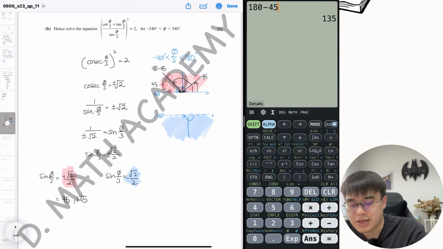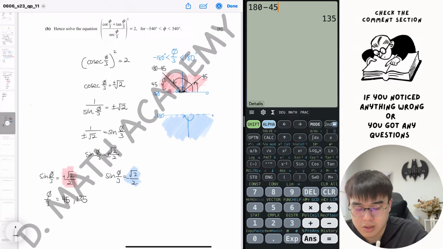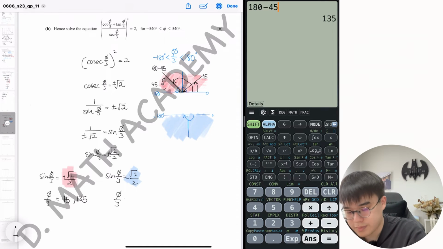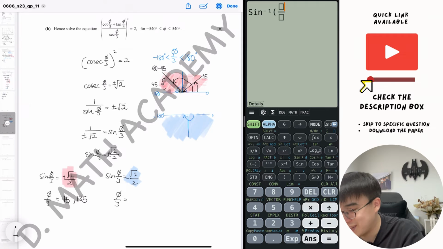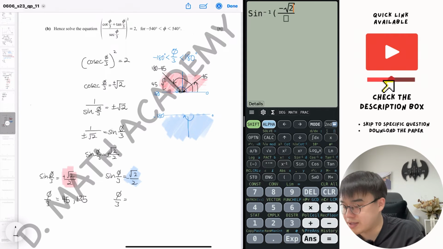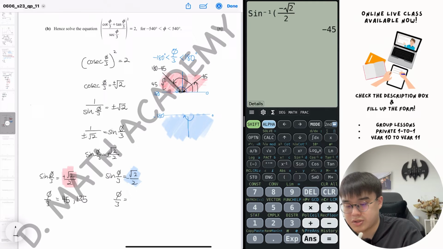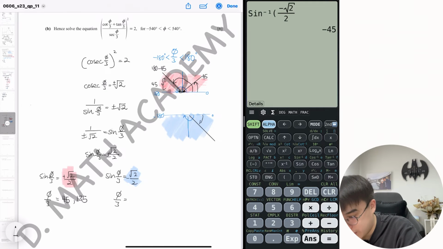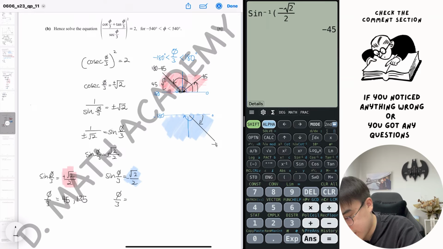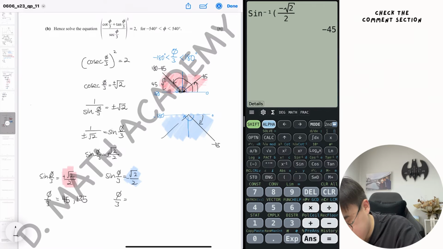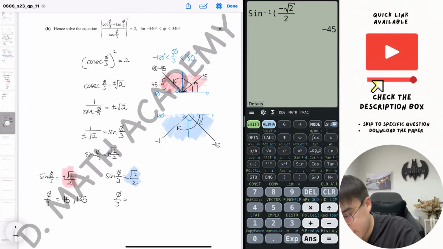So when you repeat the same thing here on your theta over 3, the catch now is you have to key in the negative. Okay, so you do get the same results. Okay, it is negative 45, which means the next one will very likely be negative 135.